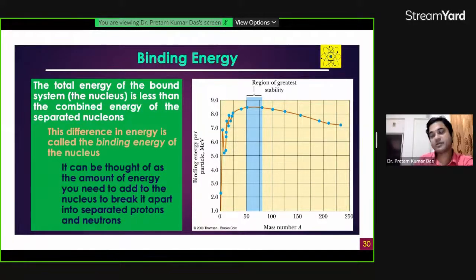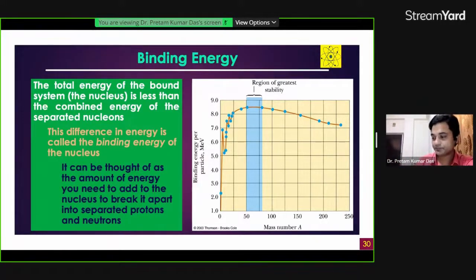Okay. So the region for alpha decay is the region of Z number more than 70. The nuclear force works only at very short range.